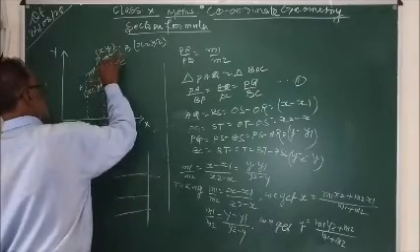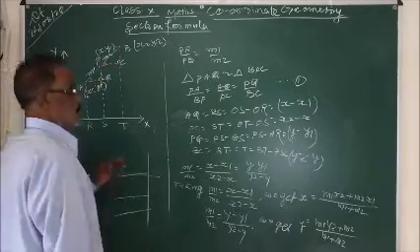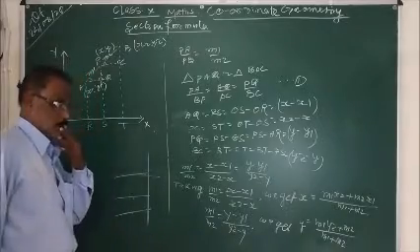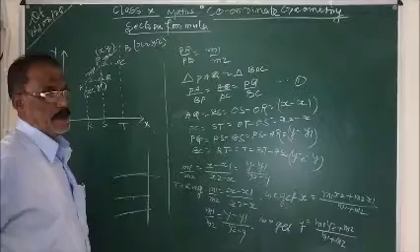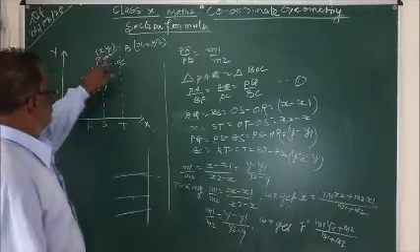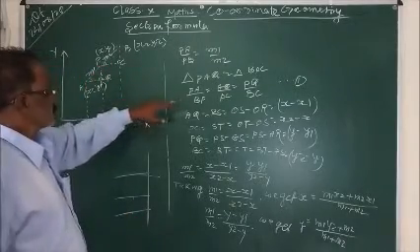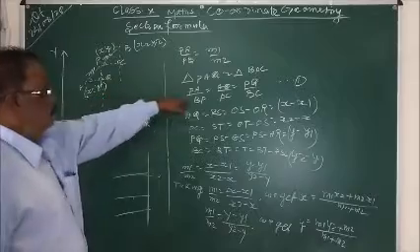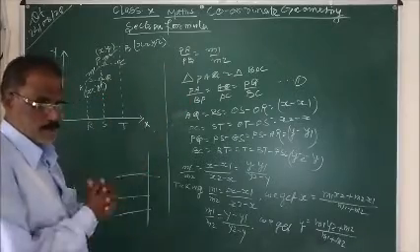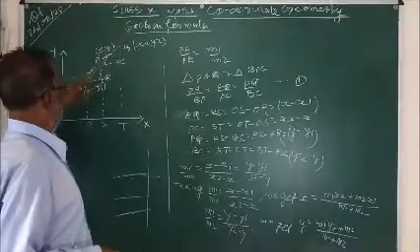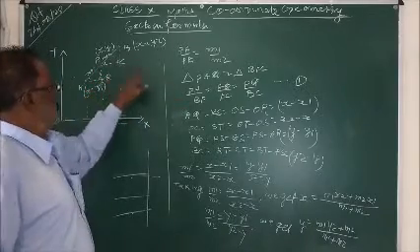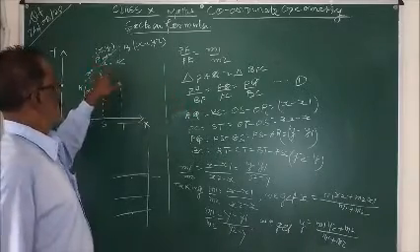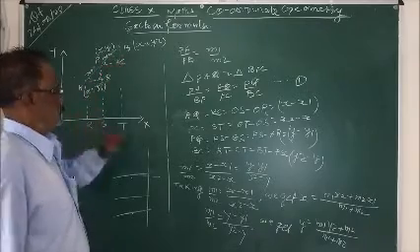So this angle is equal to this, corresponding angles. And so these two triangles are similar by a criteria. And if triangles are similar, corresponding sides will be proportional according to the theorem. So PA by PB, AQ by PC and PQ by BC.